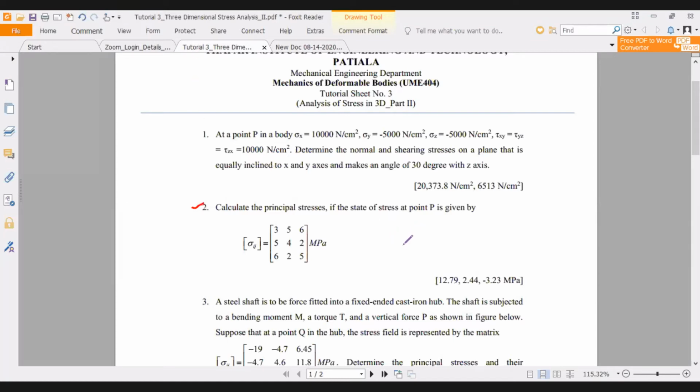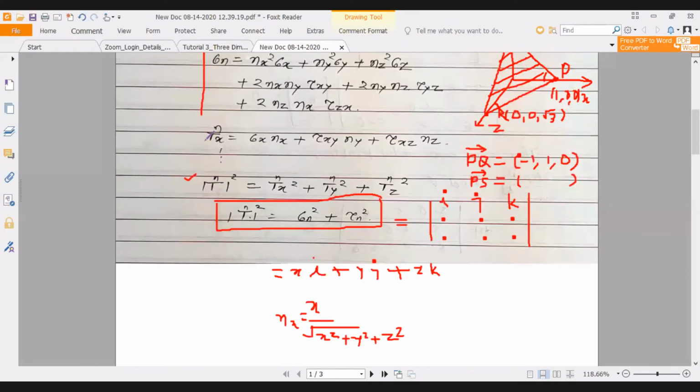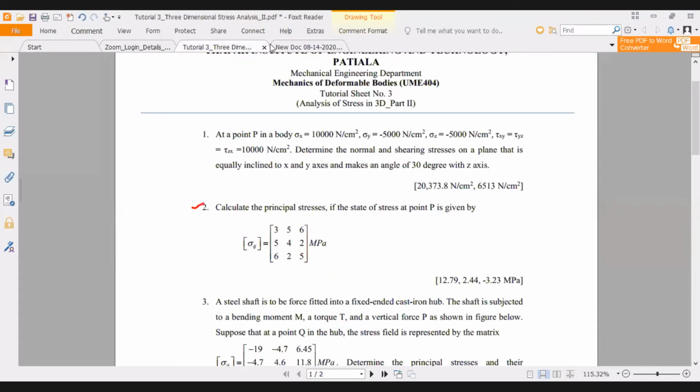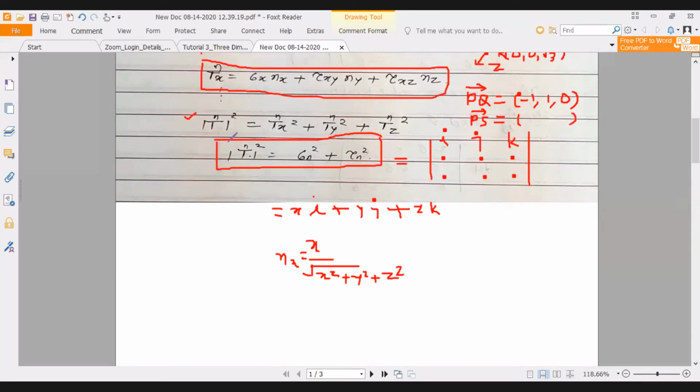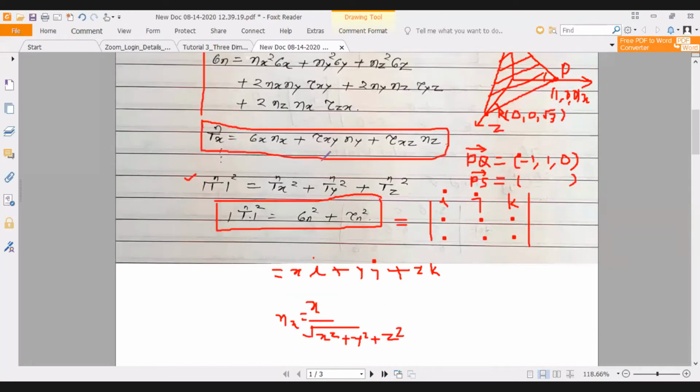Okay, so this is that equation, Tx is equal to, this is that relation. So this is one of Cauchy's formulas. Similarly, you can write the formulas for traction vectors in the y and z directions.